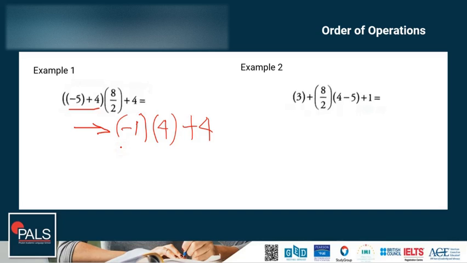So here, let's do the -1 times 4 first. So -1 times 4 is -4, plus 4. So the last operation is -4 plus 4, which is equal to 0. So the answer is 0.